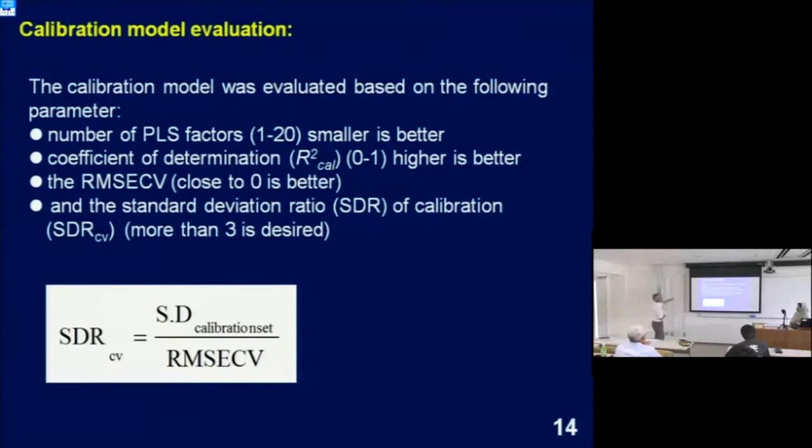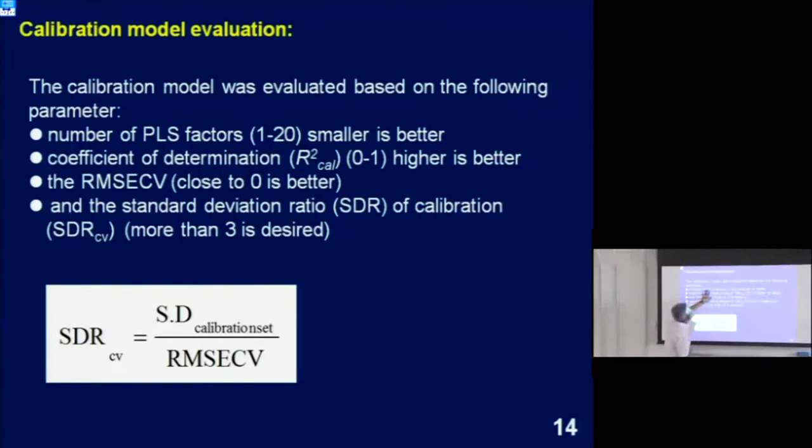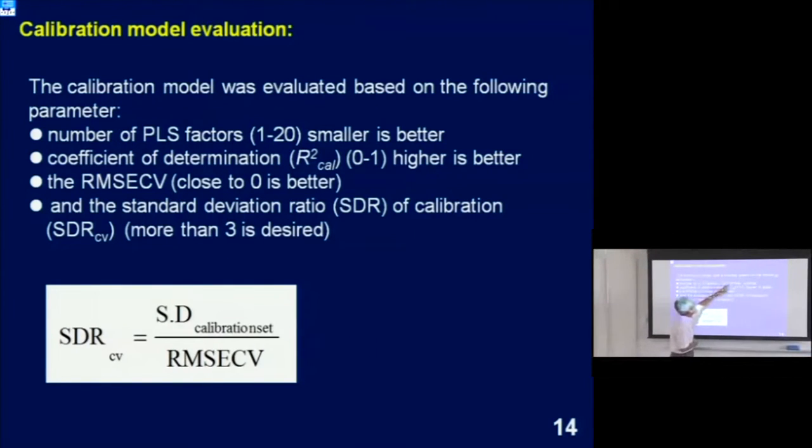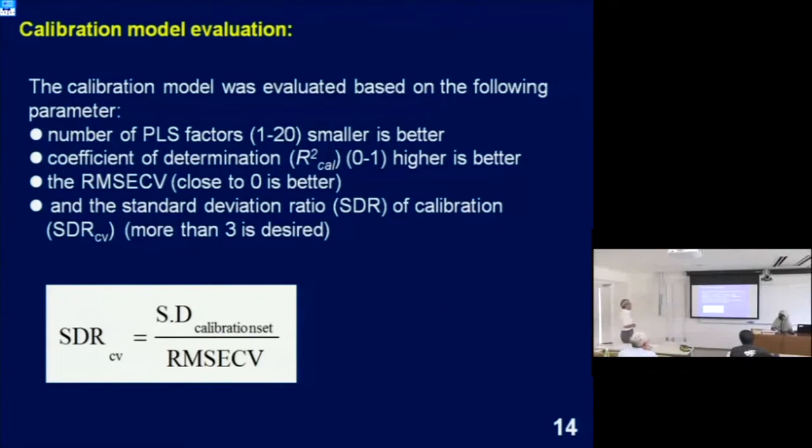Following parameters, and if you do this, the number of PLS factors, then parentheses, small, like because of parentheses plus there are. Or small is better. Change color to show that you're indicating which is the better one.